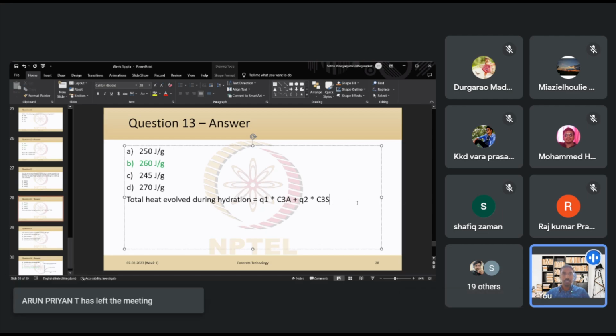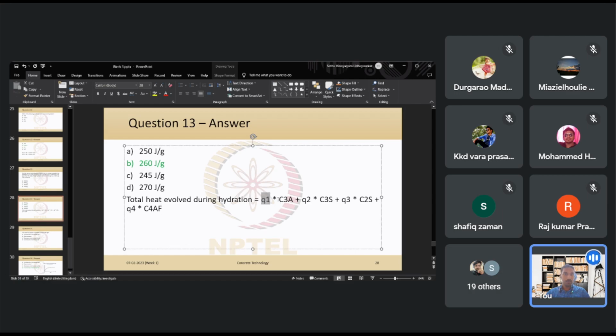So if the rate is Q and the mass is given by the compound's abbreviation, then it is the product of the two. And then we have Q3 times dicalcium silicate, which is belite, and Q4 times C4AF. These are the four compounds getting hydrated. Each has its own rate of heat of hydration, and if we know the mass of each, then the total heat will be the sum of the products of rate and mass.